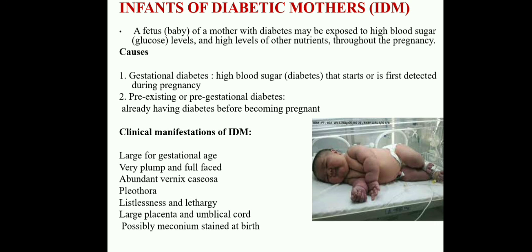The baby is restless and then lethargic and inactive, not having proper reflexes. There is a large placenta and umbilical cord when the baby is delivered. The placenta is very large and the umbilical cord also is very big, and possible meconium staining at birth, because of some asphyxia.